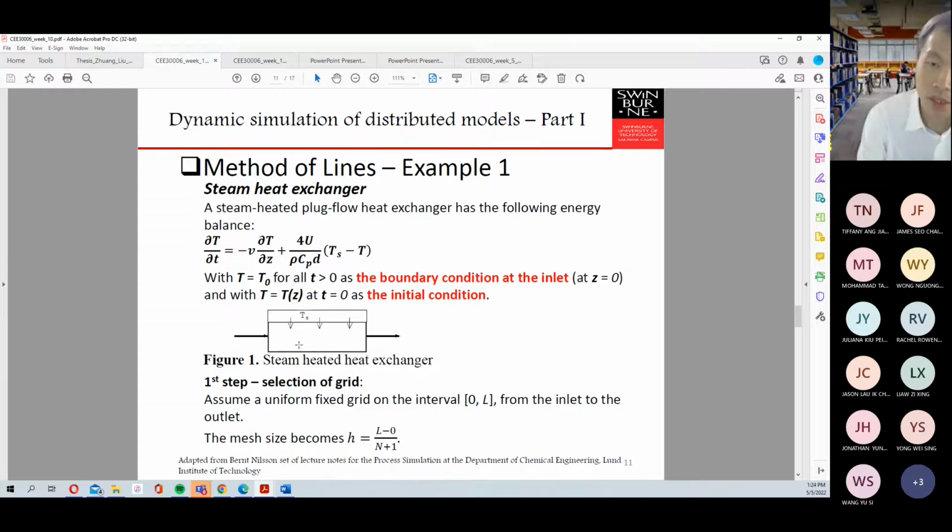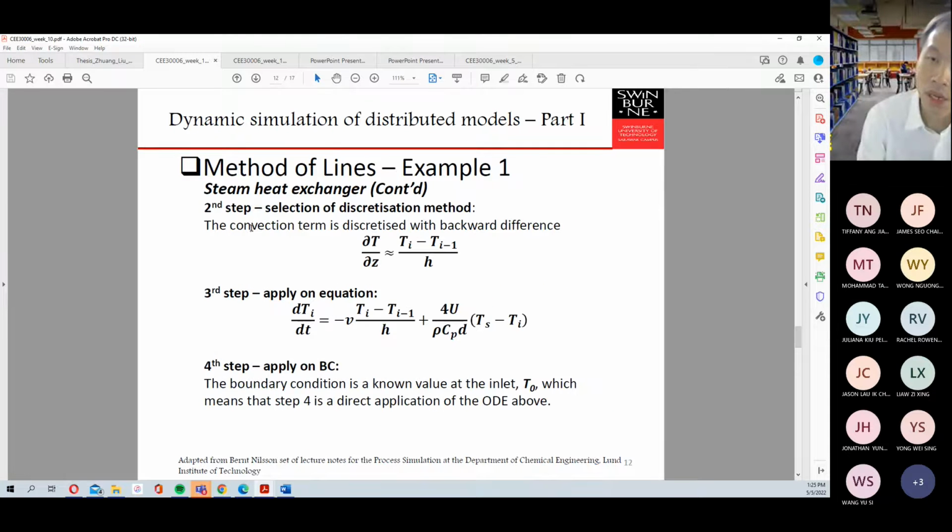Because this is steam heated, the steam is heating this plug flow container basically. The first step that we need to do is select a grid. Let's imagine that we take the left limit as 0 and the right limit as L. So the mesh size will become h equals L minus 0 divided by N plus 1. The second step is we apply the discretization method. Here, we discretize the convection term using a backward difference.